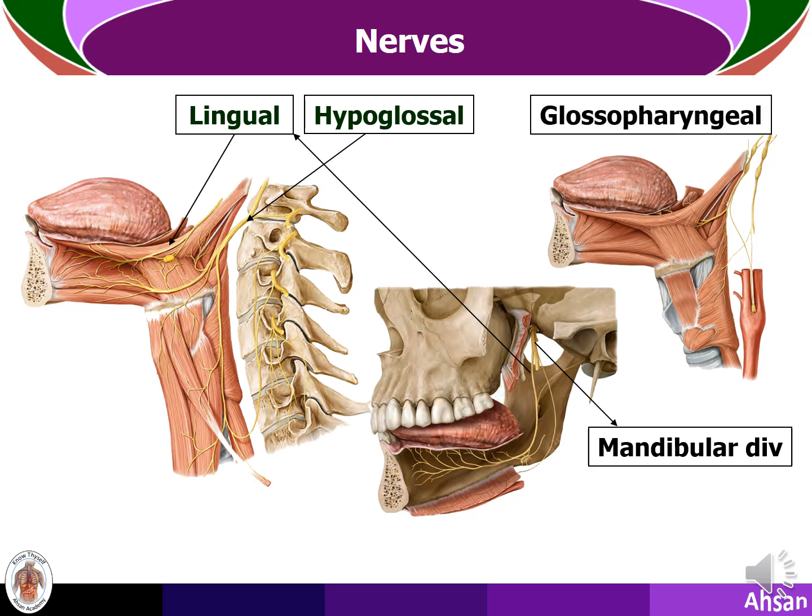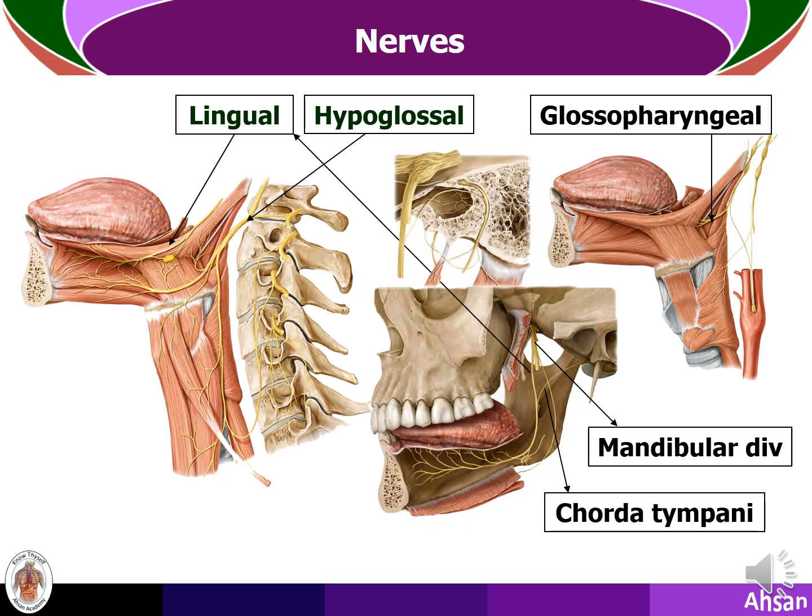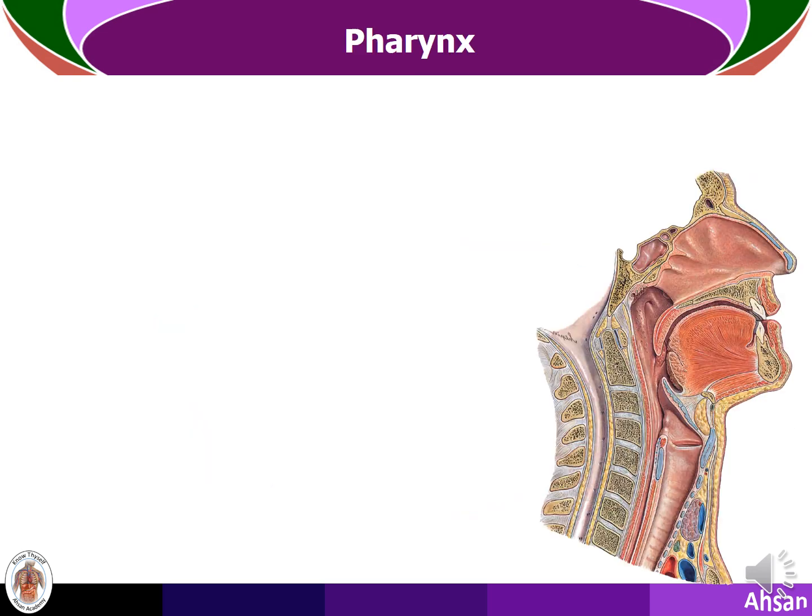The glossopharyngeal nerve is coming from above. And this is the chorda tympani nerve, arising from the facial nerve. Chorda tympani nerve comes very close to the middle ear and unites with the lingual nerve to be distributed in the tongue.